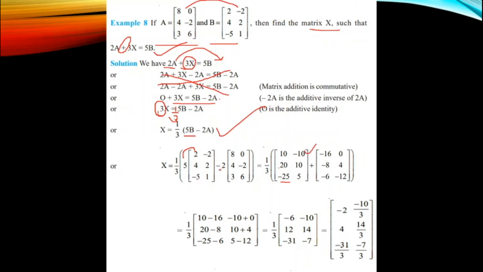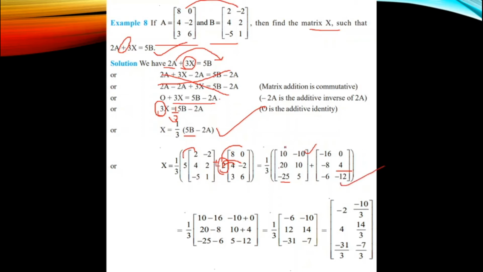The scalar value you have to multiply with matrix A. They kept a plus here and used the negative 2 and multiplied. So negative 2 into 8, negative 16, negative 2 into 0, 0, negative 2 into 4, negative 8, negative 2 into negative 2 is 4, negative 2 into 3 is negative 6, negative 2 into 6 is negative 12. So here we complete.